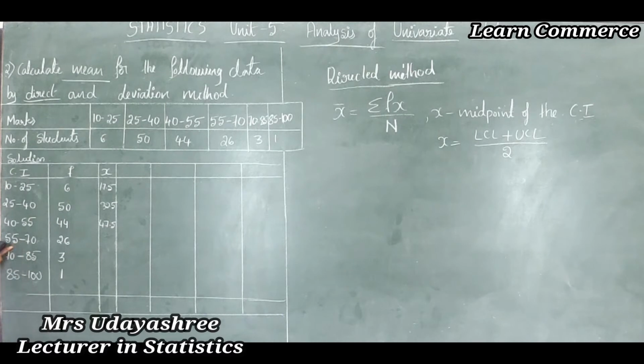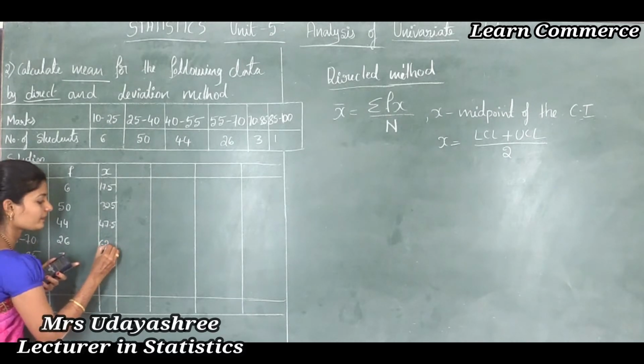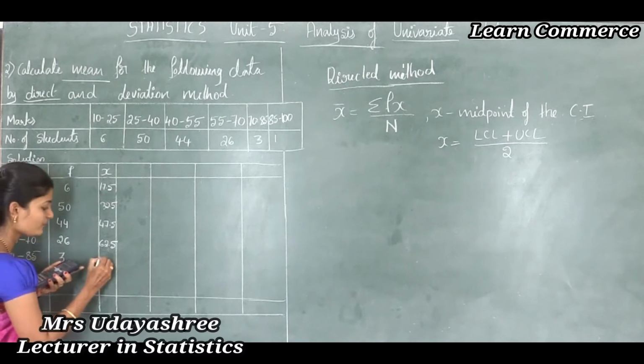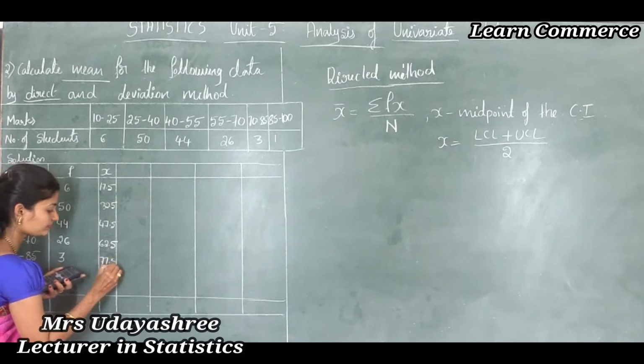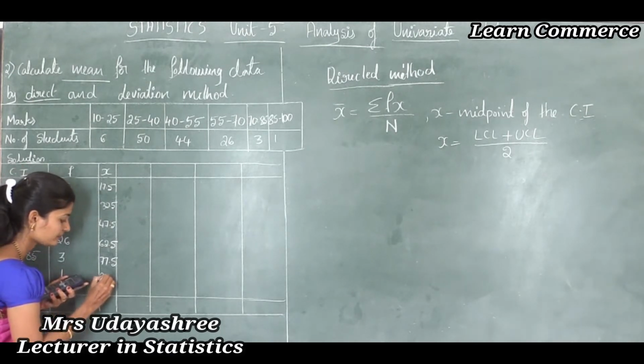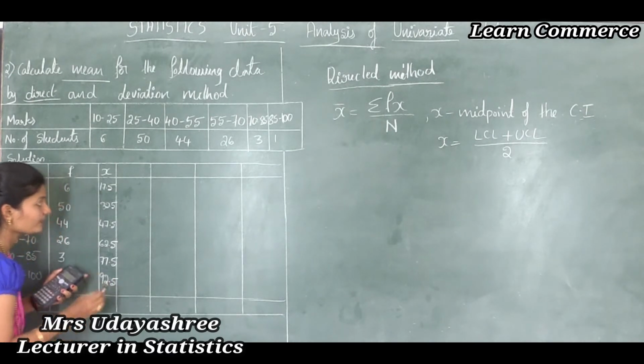Next, 55 plus 70 divided by 2 is 62.5. Next, 70 plus 85 divided by 2 is 77.5. Next, 85 plus 100 divided by 2 is 92.5.